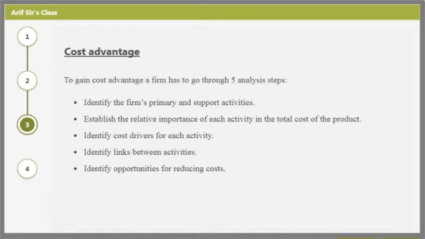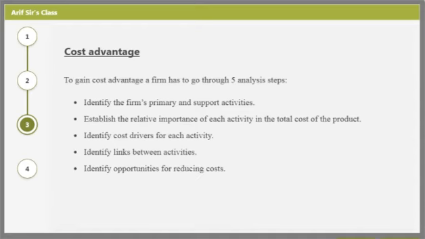Now the first step is to identify the firm's primary and support activities. All the activities from receiving and storing materials to marketing, selling and after sales support, which are undertaken to produce goods or services, need to be clearly identified and separated from each other.